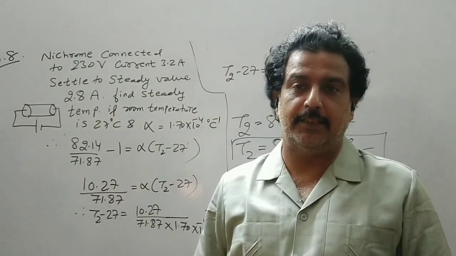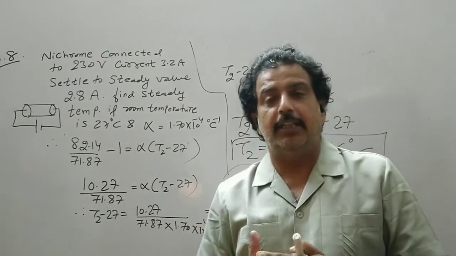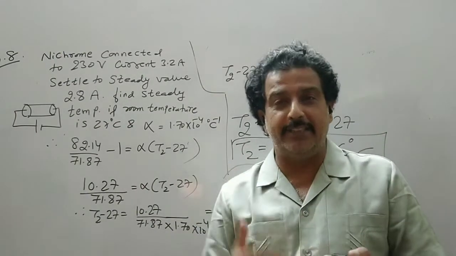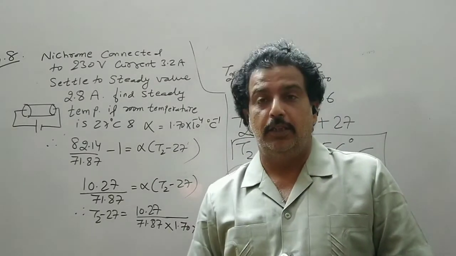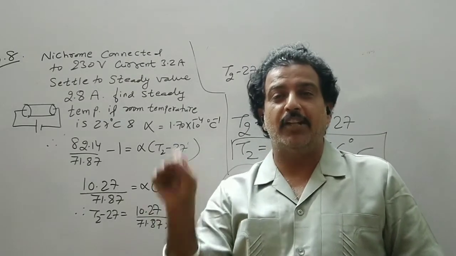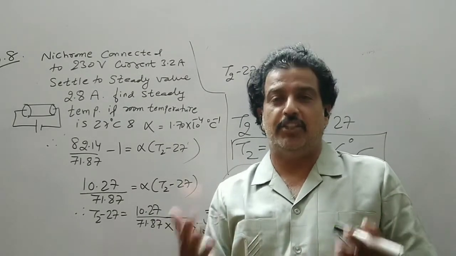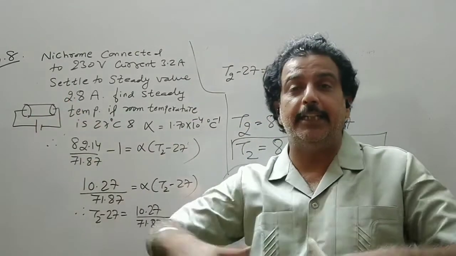You remember this thing. So if it is asked whether the current is greater or less as soon as the circuit is switched on, you have to remember that the current flowing has a large value initially at room temperature. We assume that a conductor will not heat up immediately.